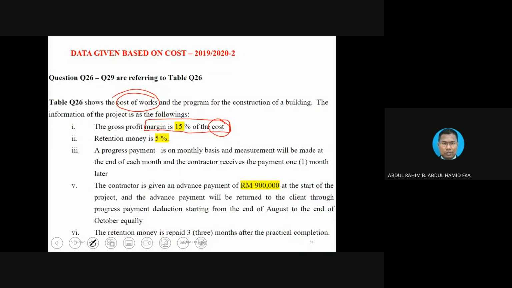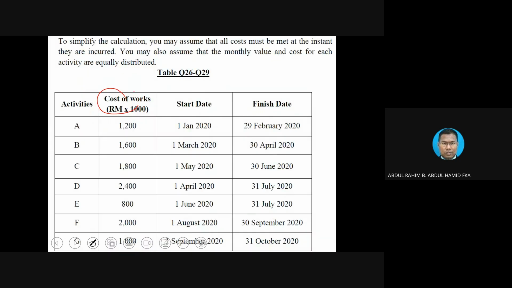So another example that you can go through, very similar concept, is based on cost. Instead of the data given being based on value, now it is based on cost. Okay, you notice we already mentioned the word cost. And then cost. Here, this is the cost.